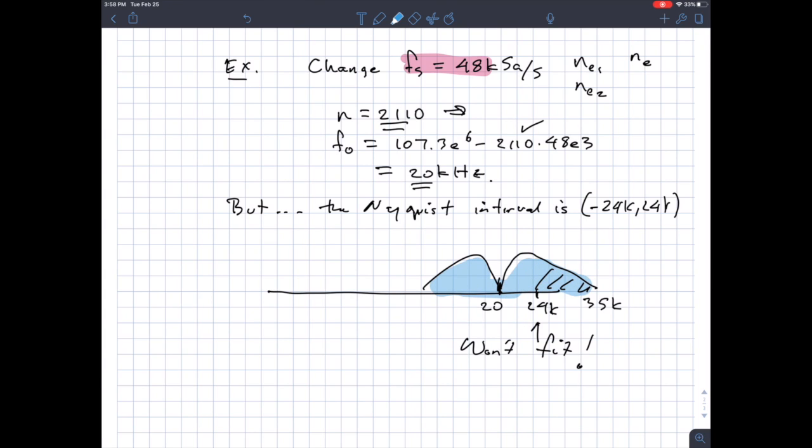But then my Nyquist interval is minus 24K to plus 24K, and the bandwidth of the signal extends further out past the Nyquist interval, so this part would wrap back around, which would give you a distorted signal. So with this particular combination of FC, FS, and F naught, this digital demodulator will not work.